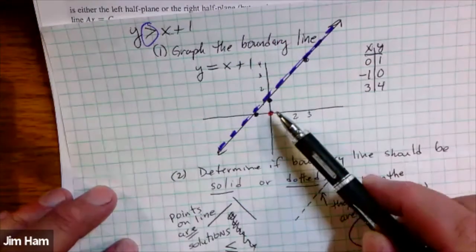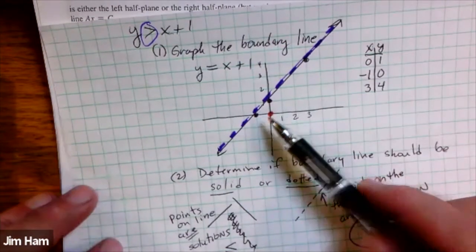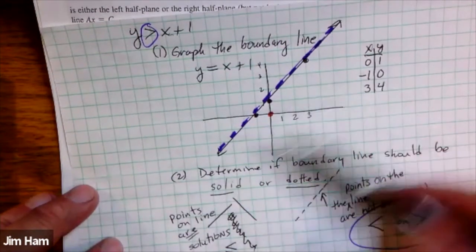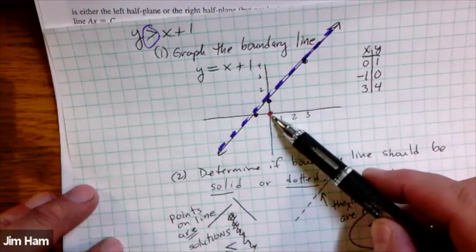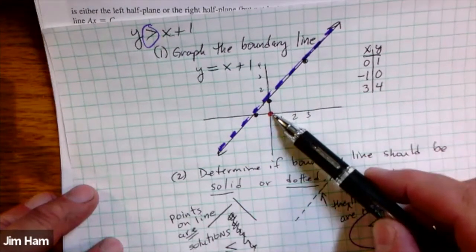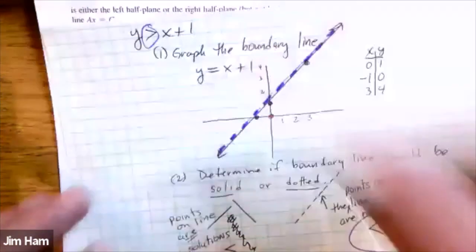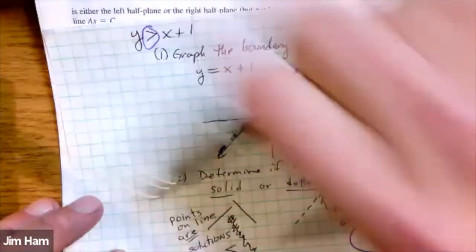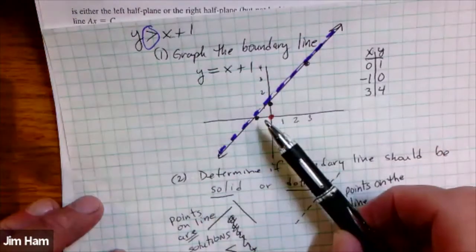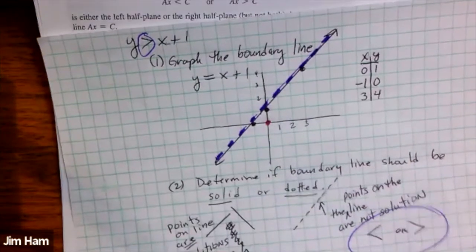If 0, 0 turns out not to be a solution, then none of the other points on the same side of the line are solutions as well. So we wouldn't shade this one, and hence we would shade everything on the other side. So we're either going to shade everything above the line or everything below. It depends on how our test point comes out. So let's check it.